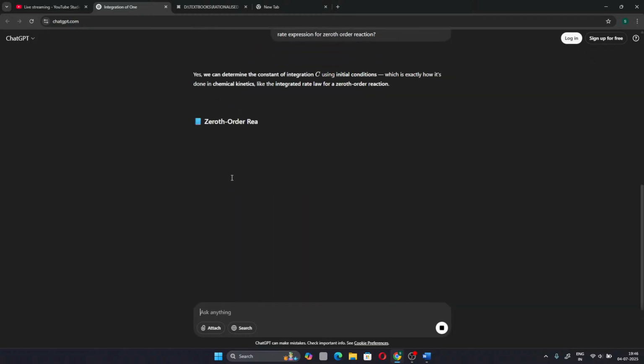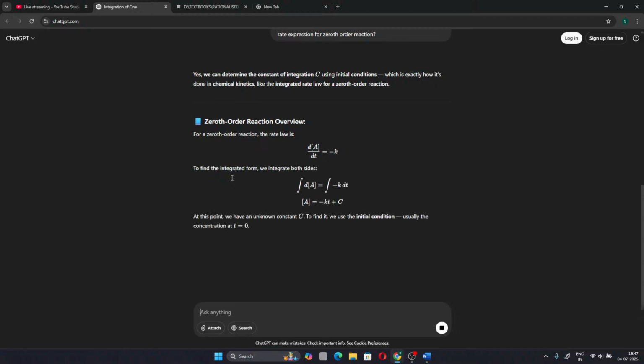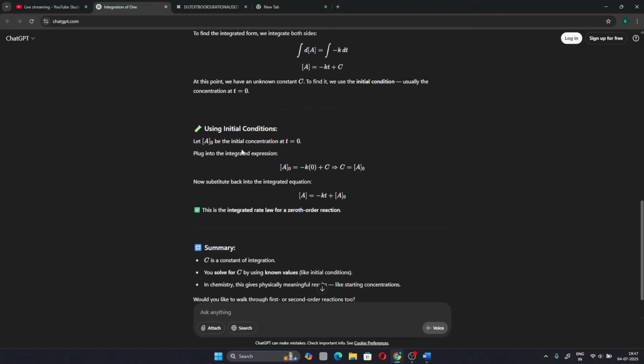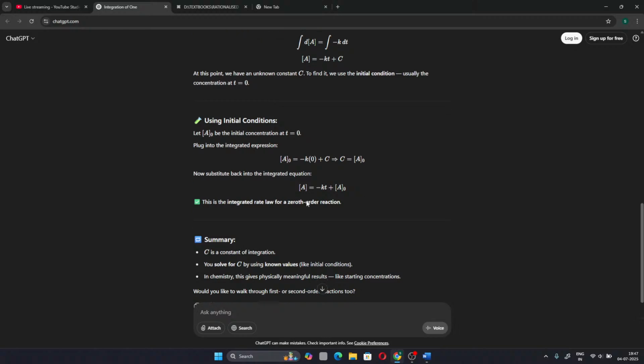Yes, we can determine the integration constant C using the initial condition. Starting from d[A]/dt equals minus k, in integrated form we get [A] equals minus kt plus C. Usually the initial condition is the concentration at t equals 0.